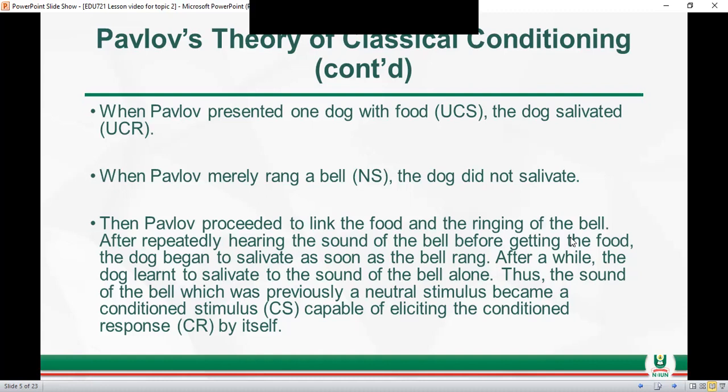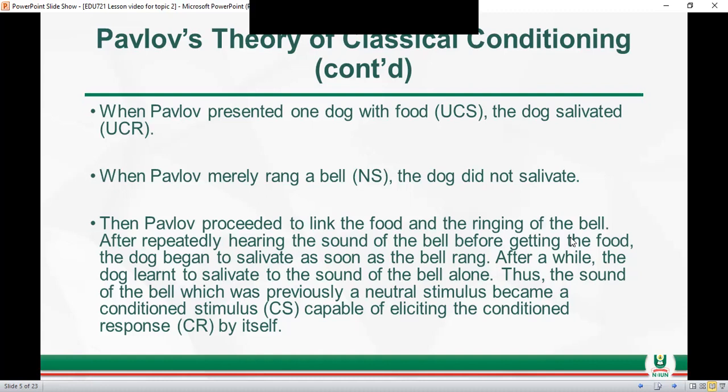So for number 2, the ringing of the bell, the sound of the bell, did not trigger salivation in the dog. We also noted that. So in the third instance, he rang the bell, presented the food, and the dog salivated. What he tried to do is to associate the ringing of the bell with the presentation of the food.